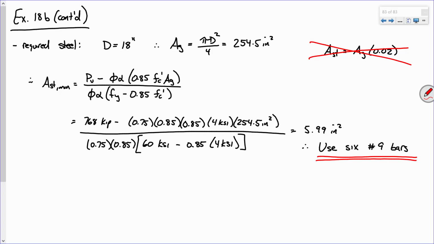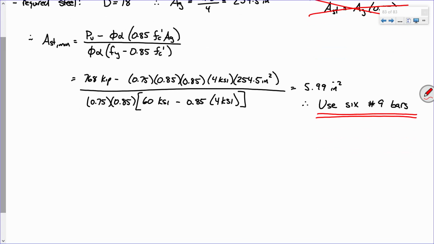All right. Excuse me. All right. So let me ask you this. Let's look at spiral columns. If you have a spiral column, what's the minimum amount of bars you're allowed to have?